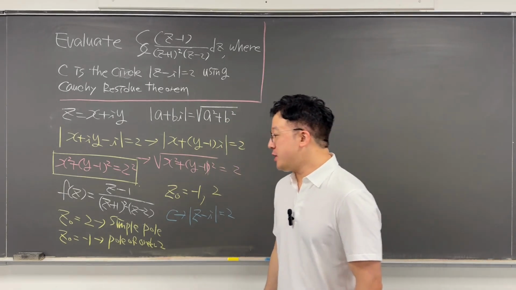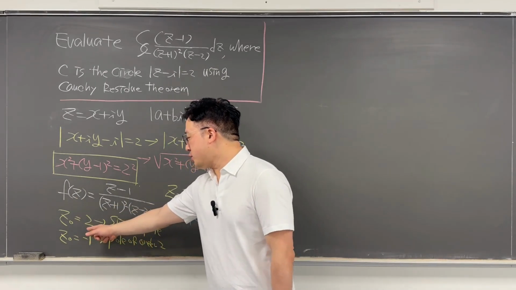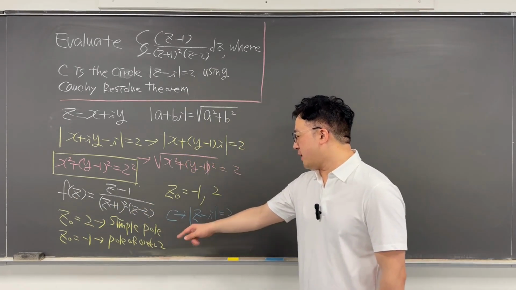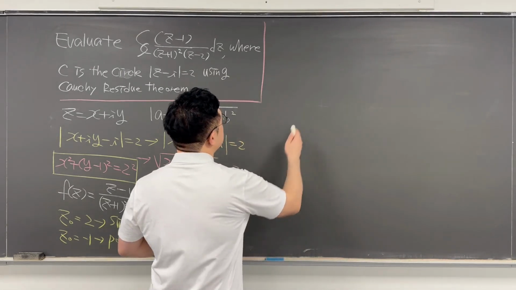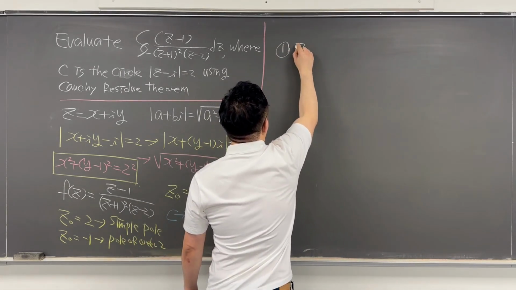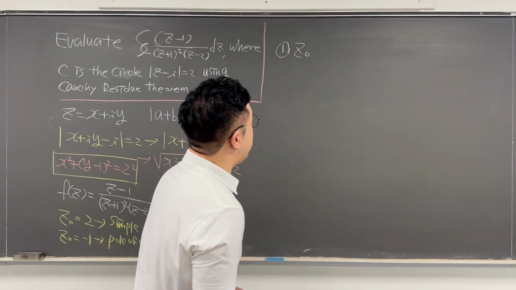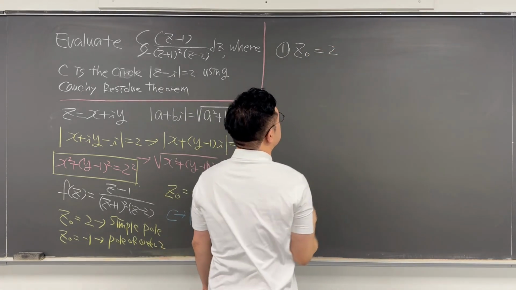So what we need to check is which one of these two z naughts, -1 or 2, is inside of this curve C, meaning less than 2. So let's check first the simple pole, that is z naught equal to 2.